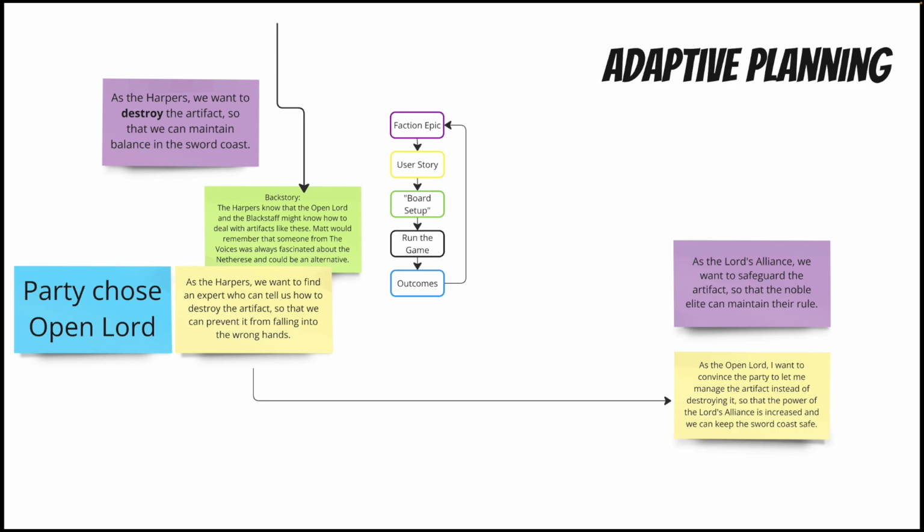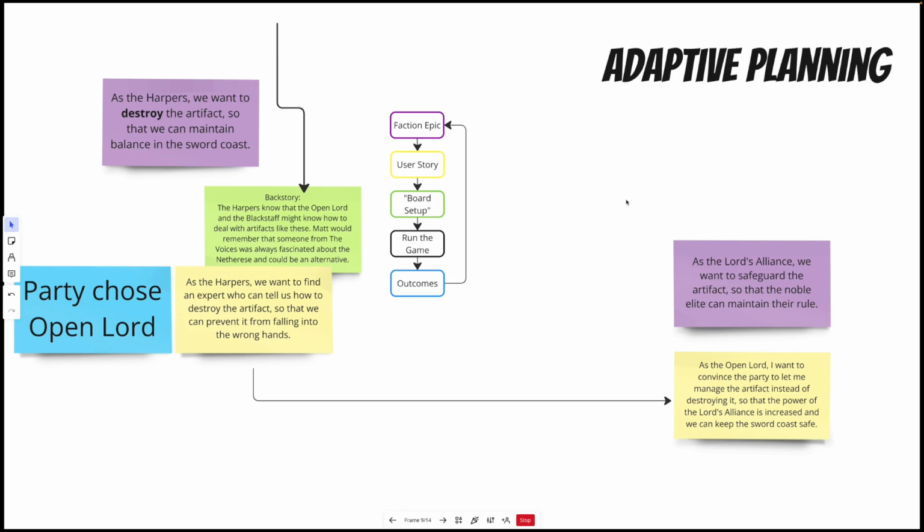The story was guided by our backward plan and faction epics, but I did not plan everything right at the start. In fact, I only planned and created the things when I needed to. Take for example this part, where the party chooses to either get help from the Open Lord and the Blackstaff, or to extract Kara from the Voices. If the party chose to team up with the Lord's Alliance, it would have all been fine.